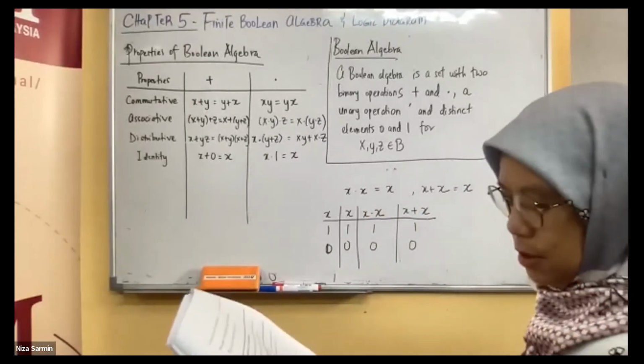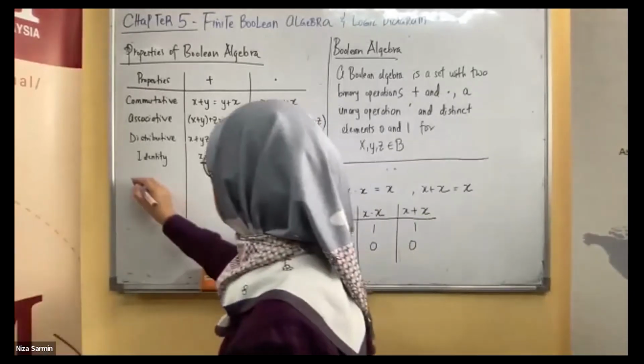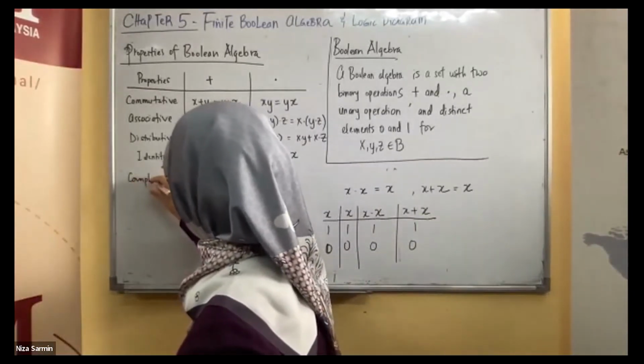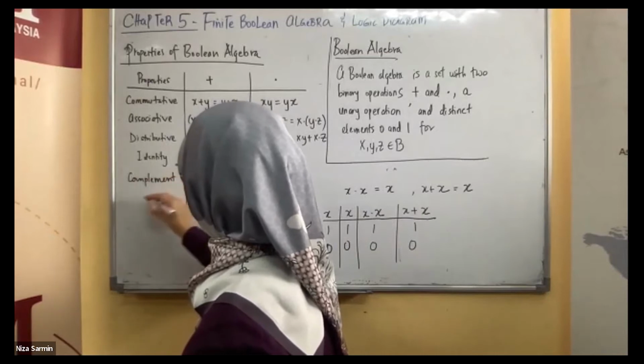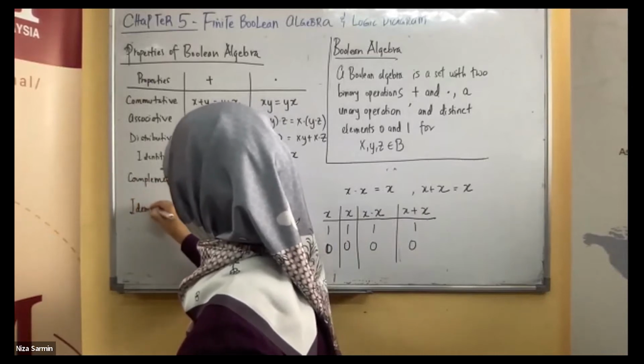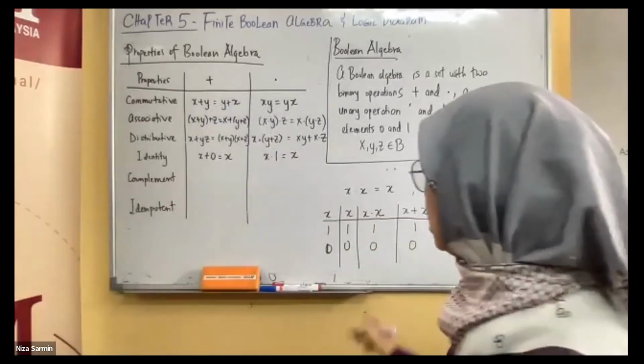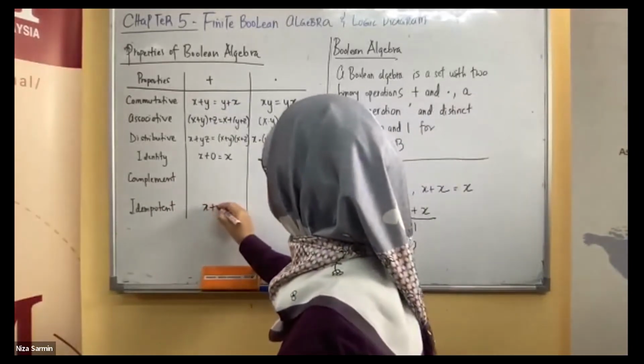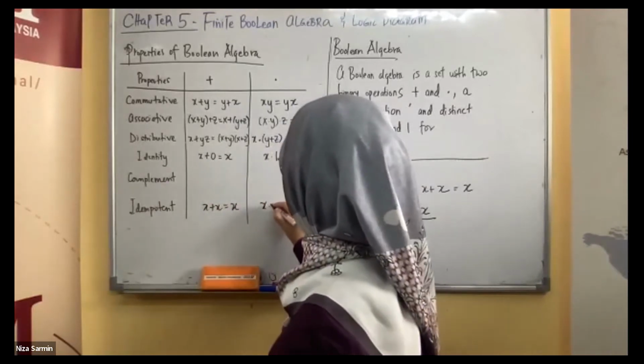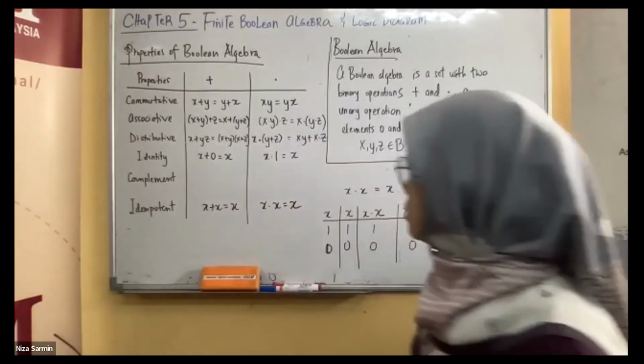So that comes next, yeah? Complement and idempotent. This one is the idempotent one. x plus x is x, x times x is x.